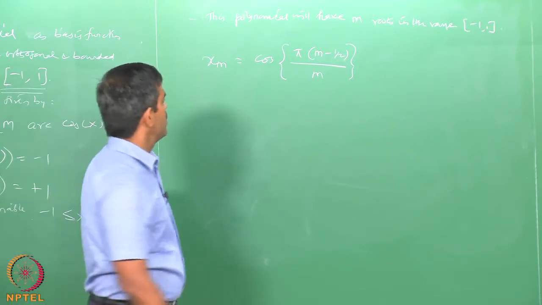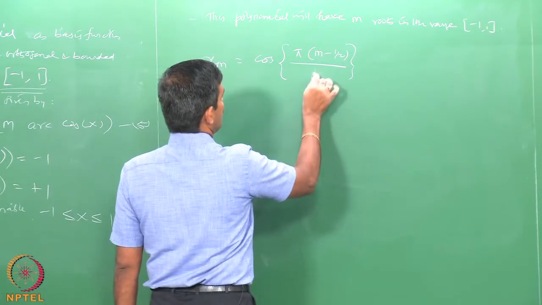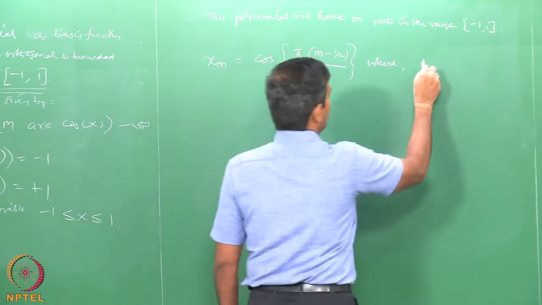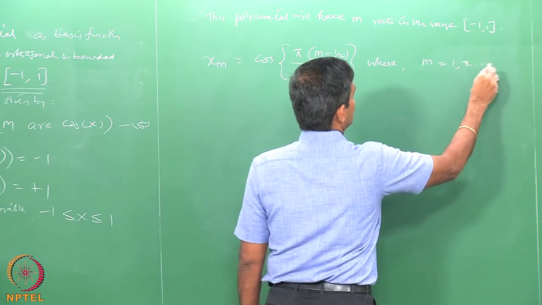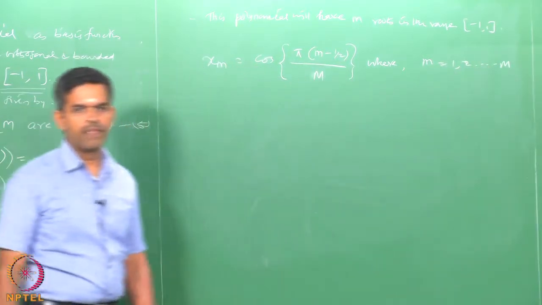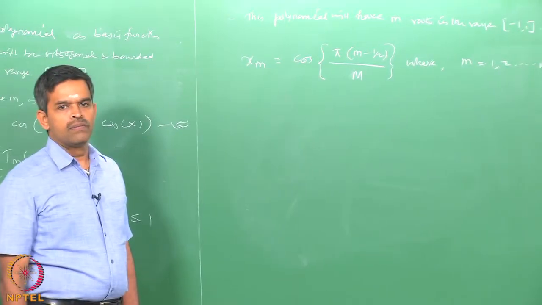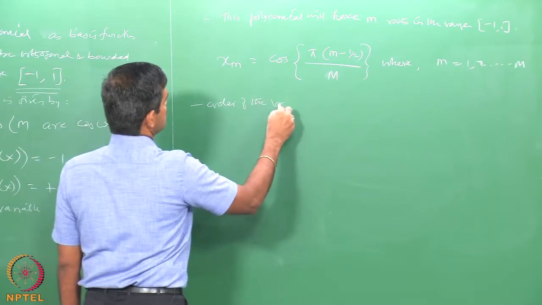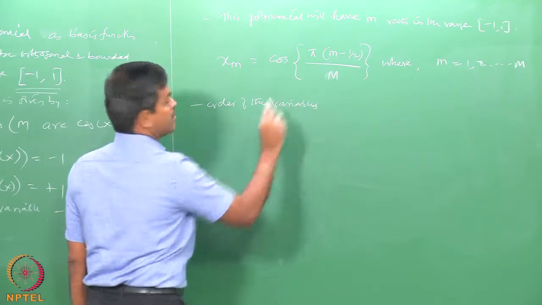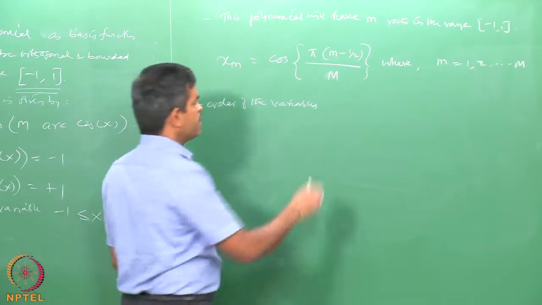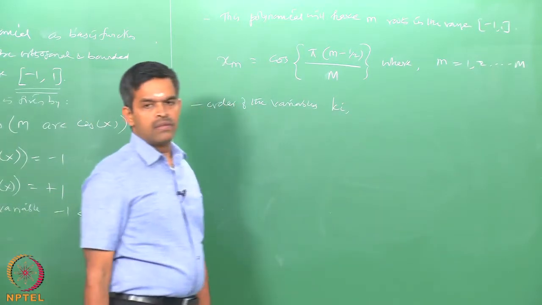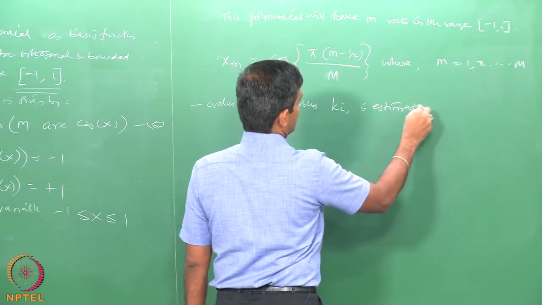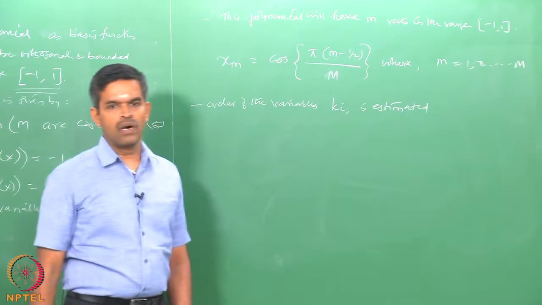Let us say we will use capital M here, where small m varies from 1 to capital M. Order of the variables k_i is estimated 1 by 1 along the dimension x_i.